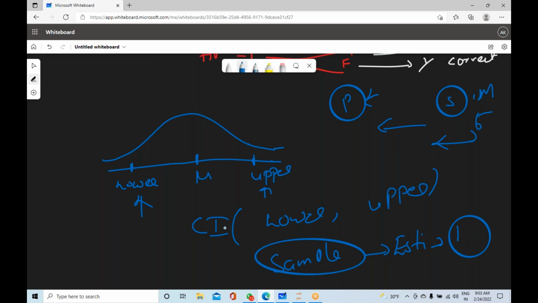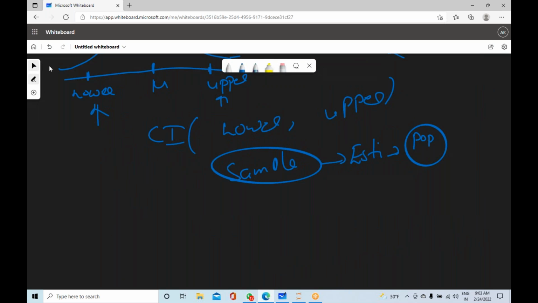In technical terms, the sample statistics we call a statistic. With the help of the statistics, we would like to estimate the population parameters. A parameter is nothing but the statistic on the population, that we call a parameter, right?